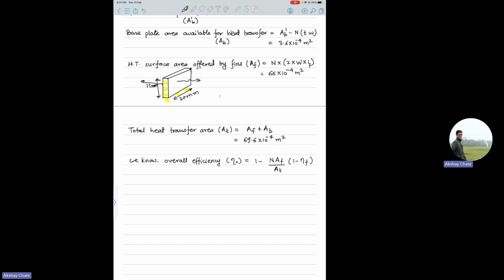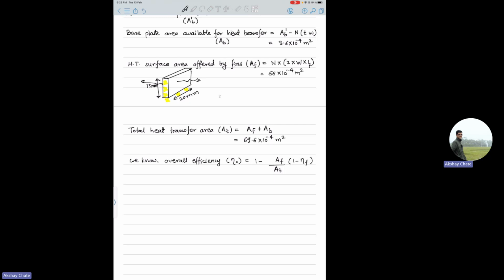So we know AF here, and since we are multiplying by n in the AF, we should not write n here. So it should be like that. Okay, and we don't know the fin efficiency.